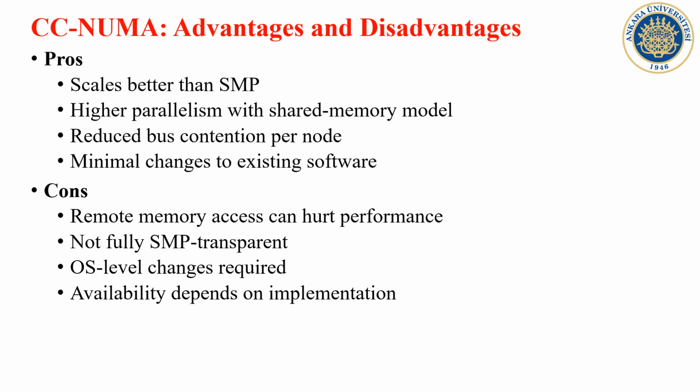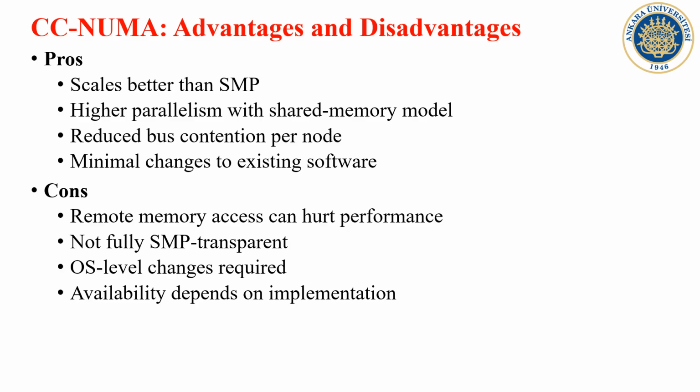And then, advantages and disadvantages of NUMA. So the main advantage is scalability. Compared to SMP, CC-NUMA can handle many more processors while still keeping the shared memory model. Because the system is divided into nodes, each node has its own bus, so traffic stays under control.